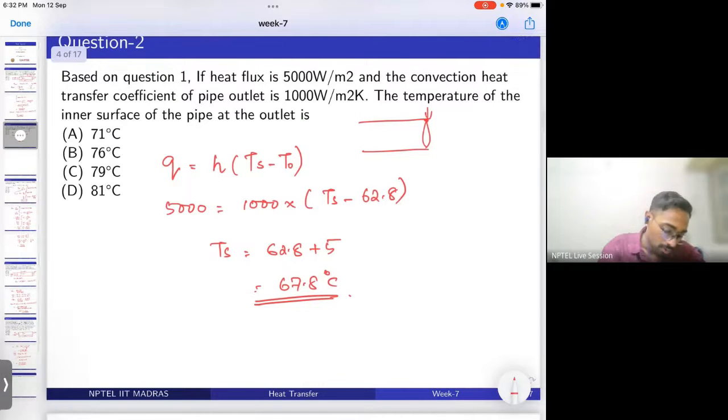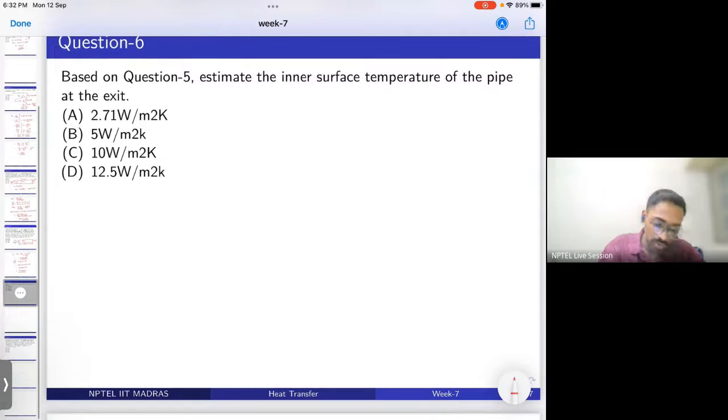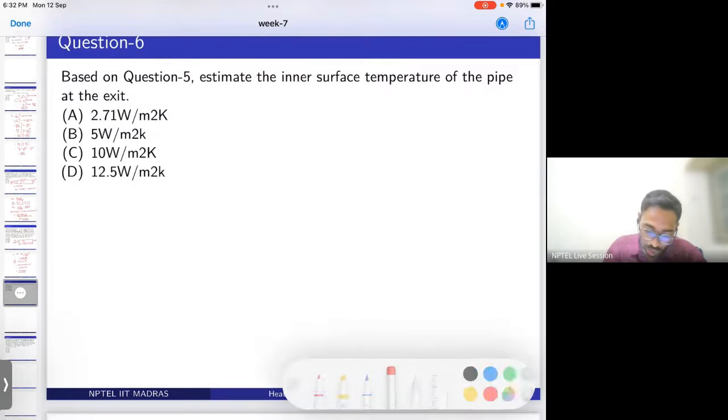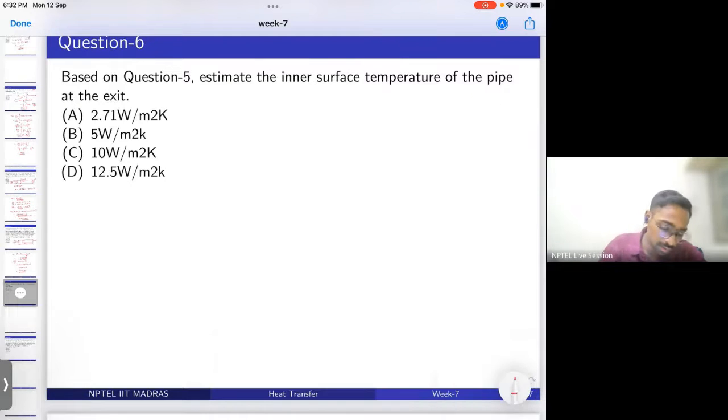The way we need to do it is the same, but the difference is that there the heat transfer coefficient was given, but in this question it is not given. That is the difference between the second question and this question. So our major task is to find h, that is the heat transfer coefficient.